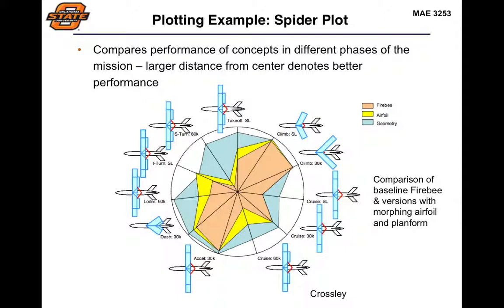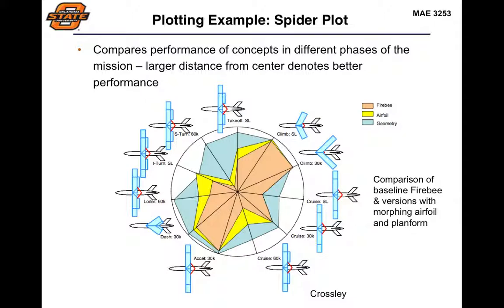And a spider plot is a parametric plot, which again compares different geometries. Or you could even do this with one particular design, for example, just to see how it fares overall, looking at different configurations. So in this case, you're looking at your performance parameters for this particular mission throughout your entire mission profile.